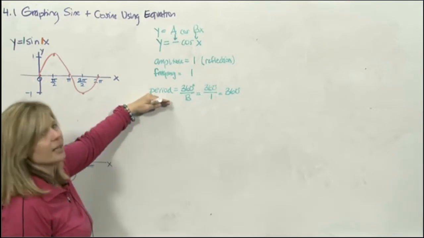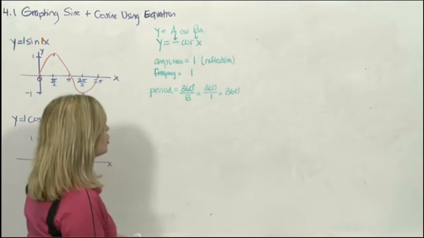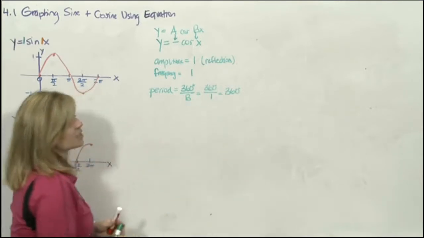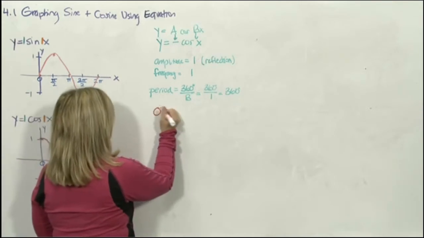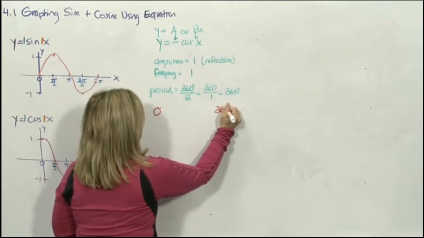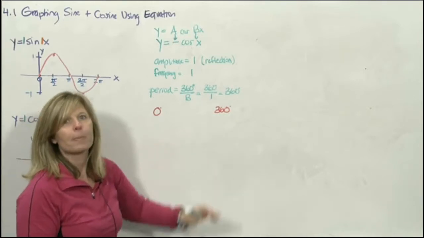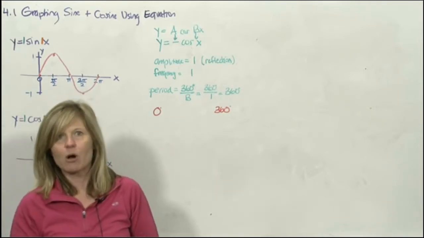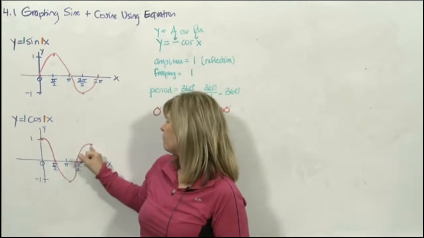The period is what's going to help you set up your x-axis in radians. So you're saying if I need 360 degrees to make this cosine curve, I would start at 0 degrees and go to 360. That gives me my beginning point, my ending point. But to do a graph of cosine quickly, I only need 1, 2, 3, 4, 5 points.